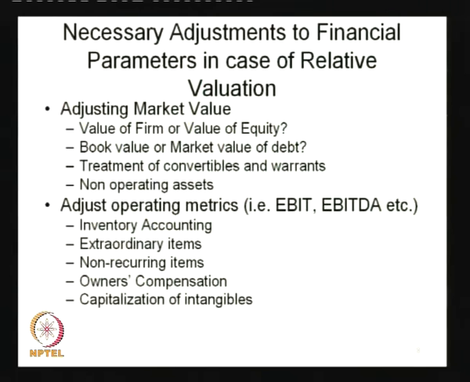Certain companies may follow inventory valuation like the FIFO method or the LIFO method. If the companies are following the LIFO method, then some adjustments are done so that the companies become comparable. Similarly, as we discussed earlier, the depreciation method could be different. So, one has to do those accounting adjustments for inventory accounting.